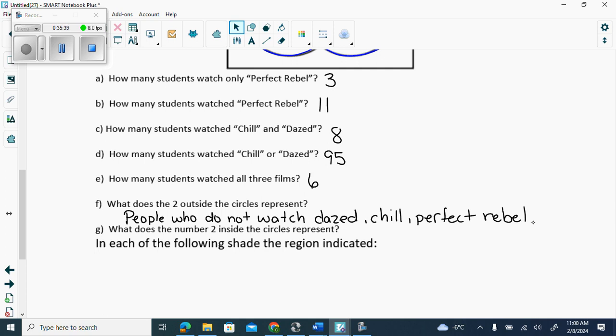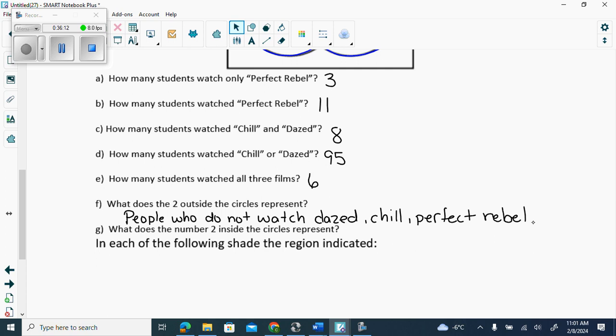What 3 movies? It could be totally people who don't watch these 3. So you have to state what the 3 movies are. The people who don't watch this, Days, Chill, and Perfect Rebel. If we just say doesn't watch the 3 movies, well, it could be 3 other totally different movies. Could you say the listed movies? I would just list the movies. Because you're just saving pencil and chancing on deduction. And I would never save pencil for chance deduction. Yeah. And you're probably not saving that many pencil marks, actually, if you're putting them. So I would just state them.